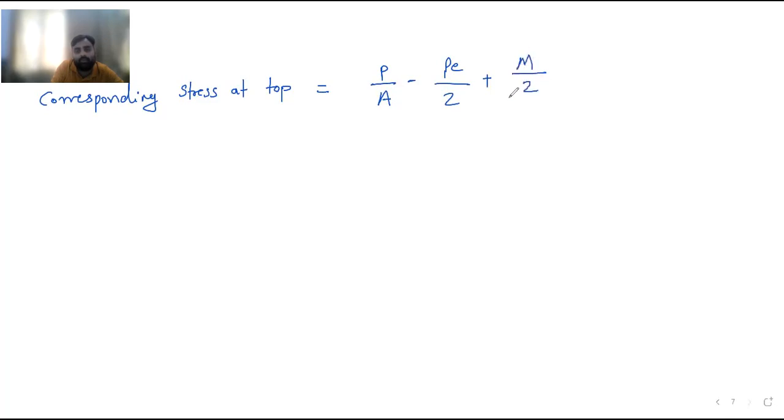So the corresponding stress at top is equal to, at top P by A is always positive, P e by Z is negative, and plus M by Z is positive, but this is the I section, so we need to write here Z top.